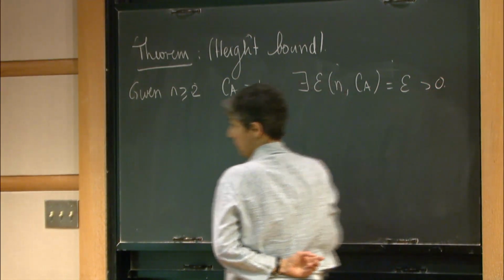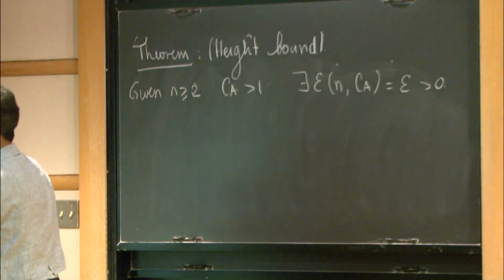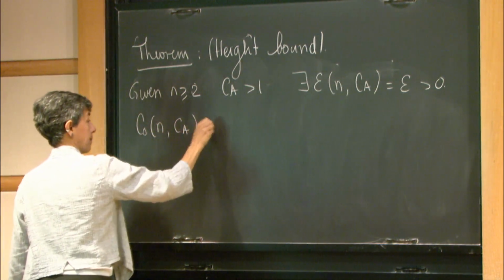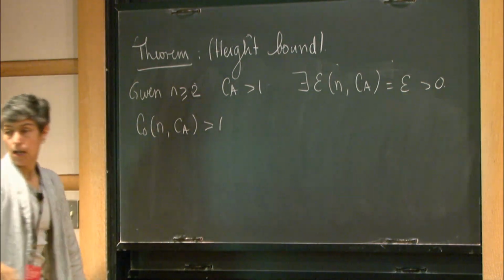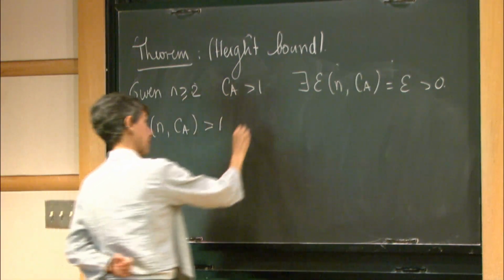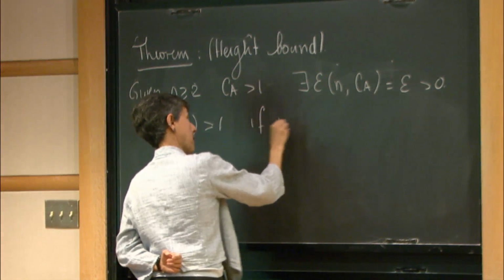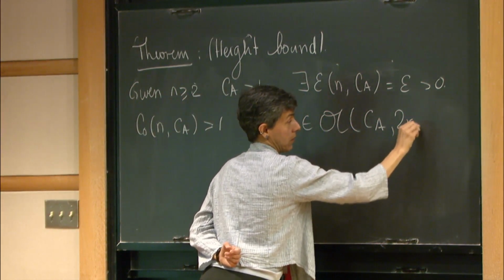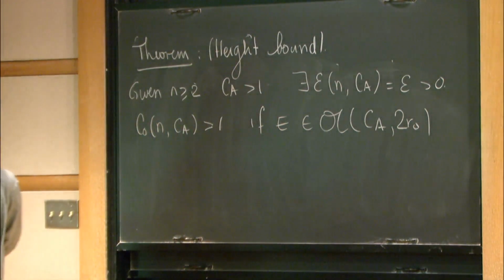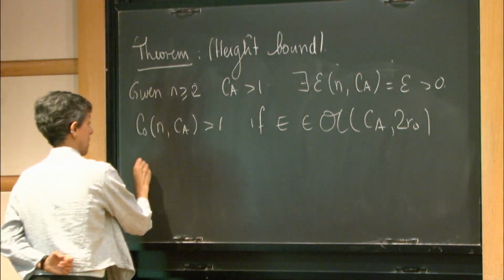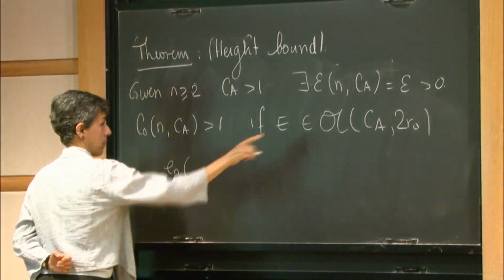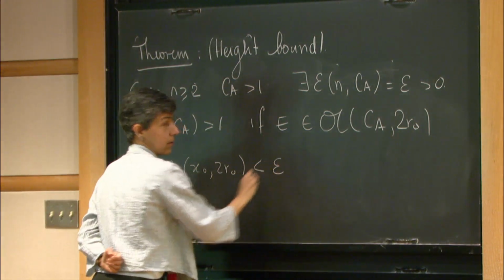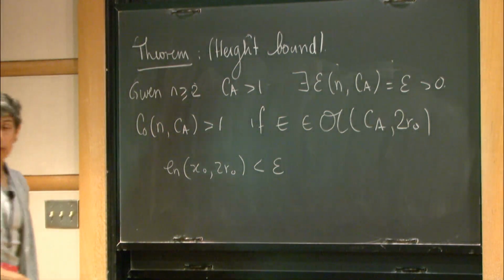So this is a small number, and a constant bigger than 1, such that if E belongs to A, C_A, 2R naught, same thing as there, and E_n, remember I'm shorthanding that to R0, is less than epsilon, then the following thing happens.